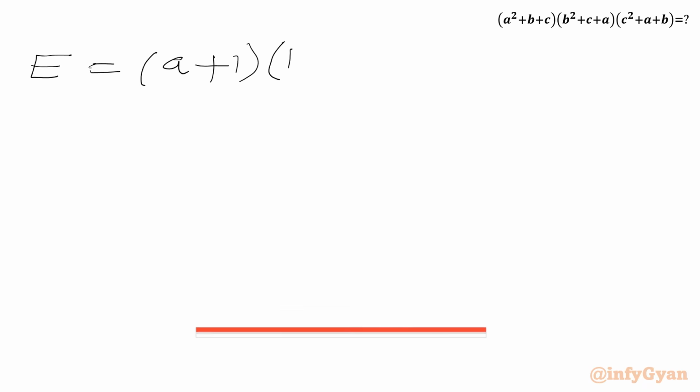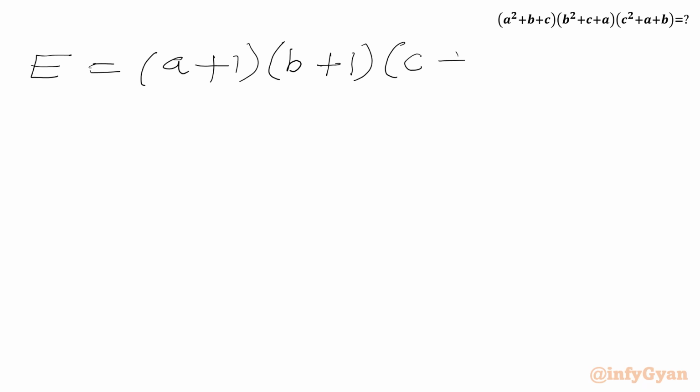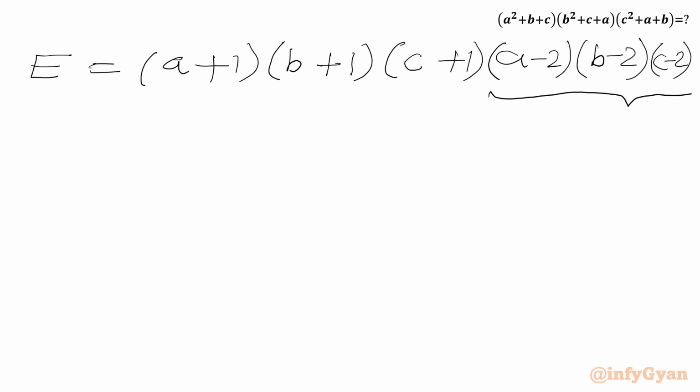Now comes the turn of finding the required expression. E will be equal to a plus 1 times b plus 1 times c plus 1 times a minus 2 times b minus 2 times c minus 2. Now we have calculated this value and this value separately.